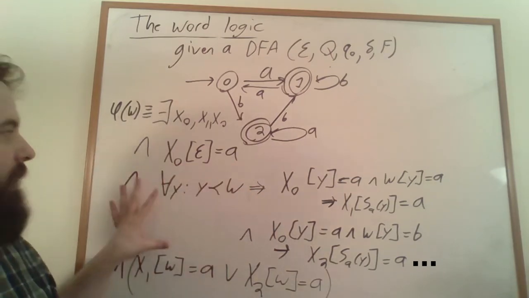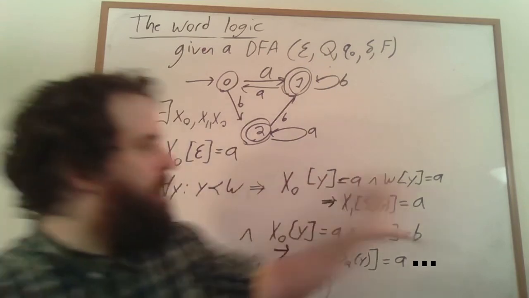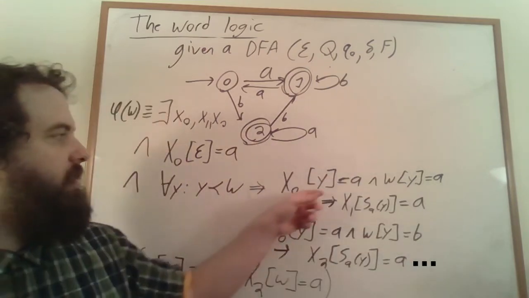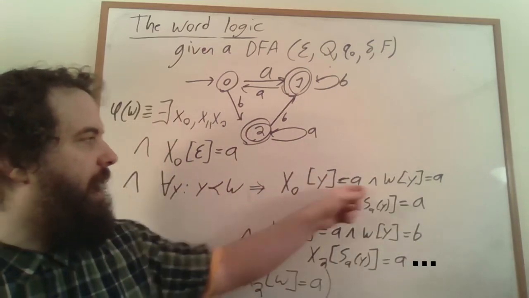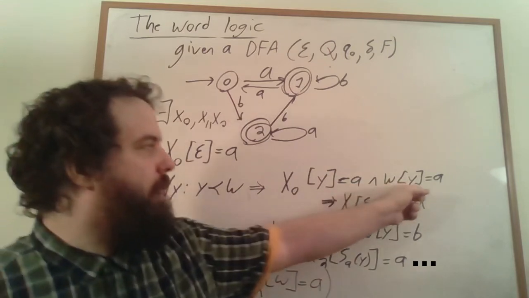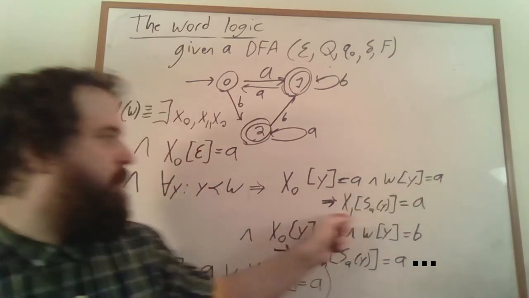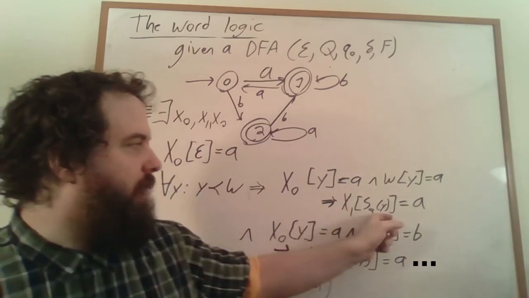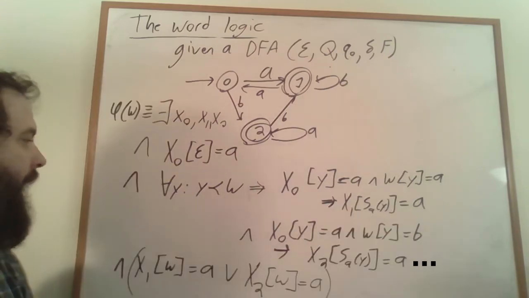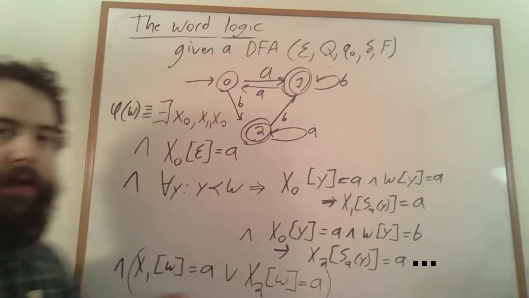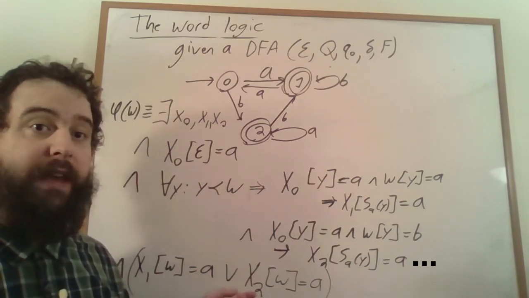And then we have some sort of complicated formula here that specifies that if we're in a particular state at a particular time and we read a particular character, then we wind up in a particular state at the next time. And then finally, we specify that we're at the end, we're in one of the accept states.